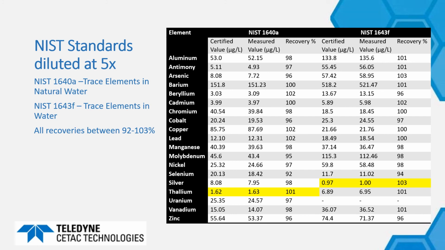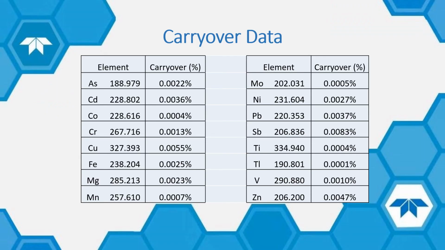The two that are highlighted are highlighted because they had a measured and certified value lower than the lowest standard on our calibration curve for those elements. And even with that, they measured pretty much right on and have recoveries of slightly over 100%. So we're able to get some very good recoveries on the standards.